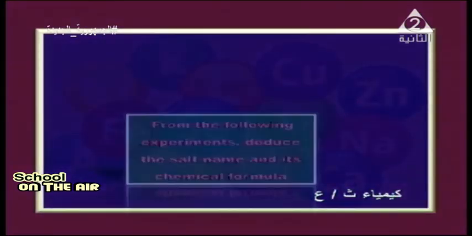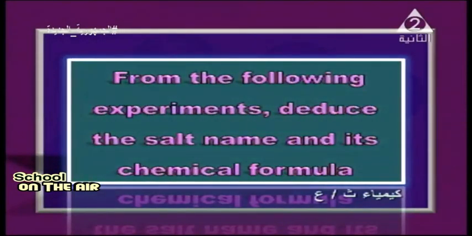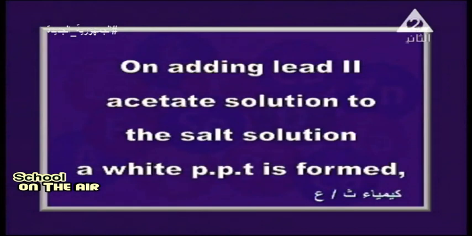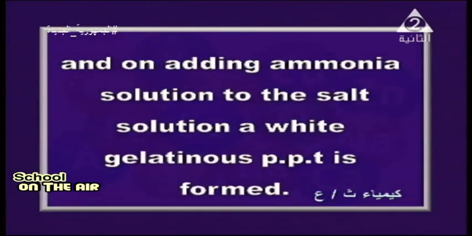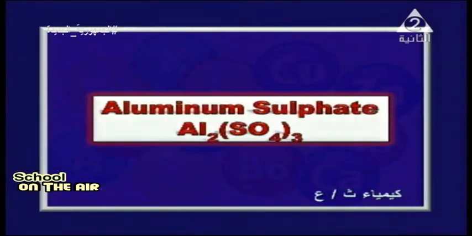Next type of question. From the following experiments, deduce the salt name and its chemical formula. On adding lead acetate solution to the salt solution, a white precipitate is formed. And on adding ammonia solution to the salt solution, a white gelatinous precipitate is formed. Here we have to test for these two, acidic radical and basic radical.